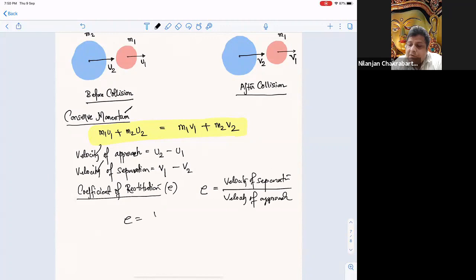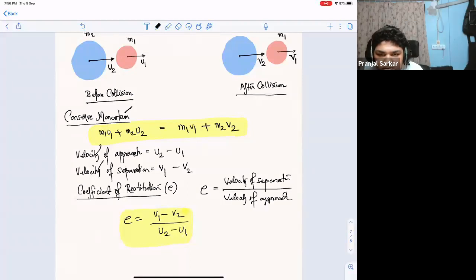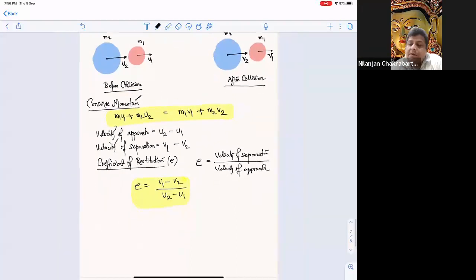So this e is equal to v1 minus v2 by u2 minus u1. So this is the coefficient of restitution.